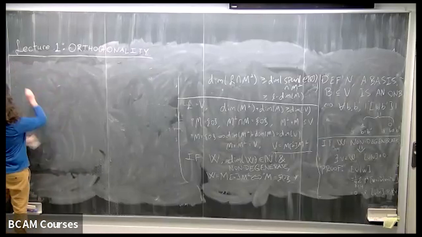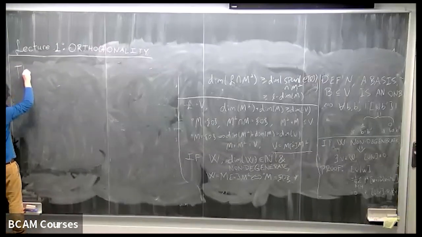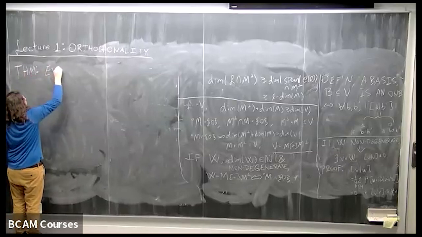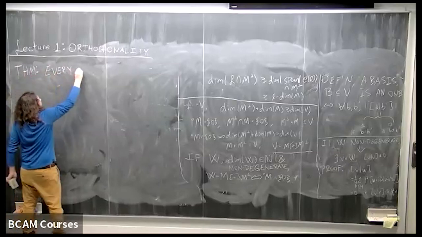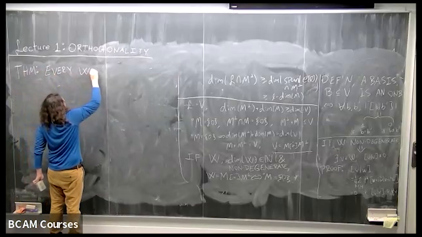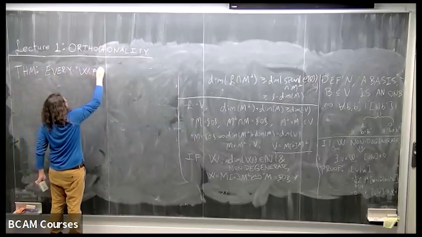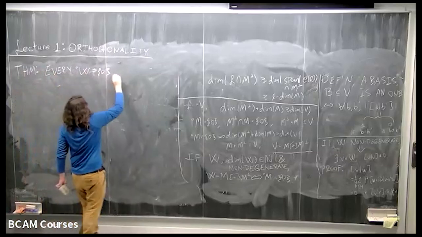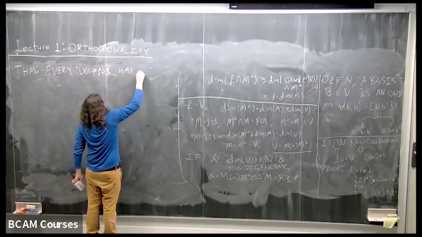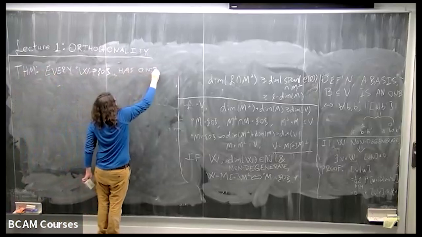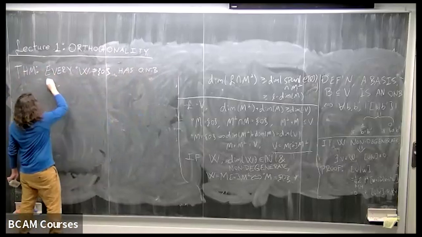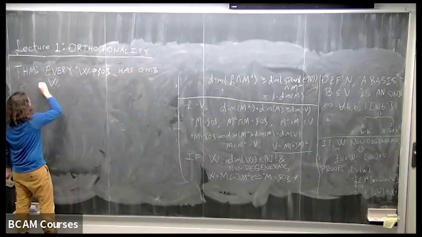Okay, so theorem: every non-degenerate space W, where a non-degenerate space is one such that the only isotropic vector is 0, has an orthonormal basis, where W is finite dimensional.